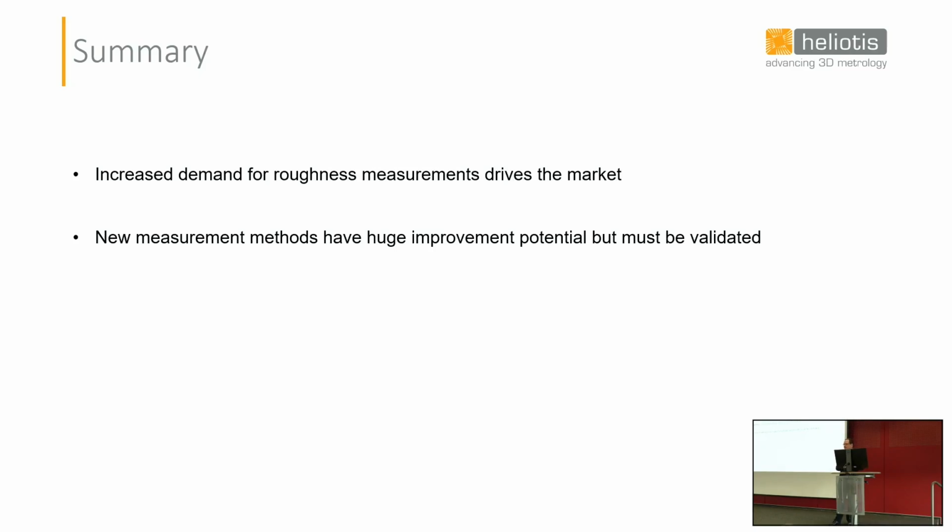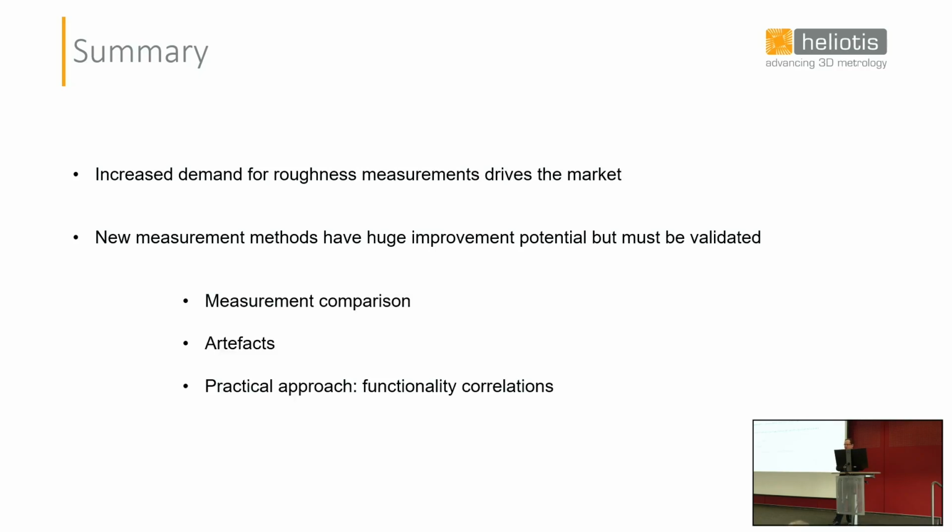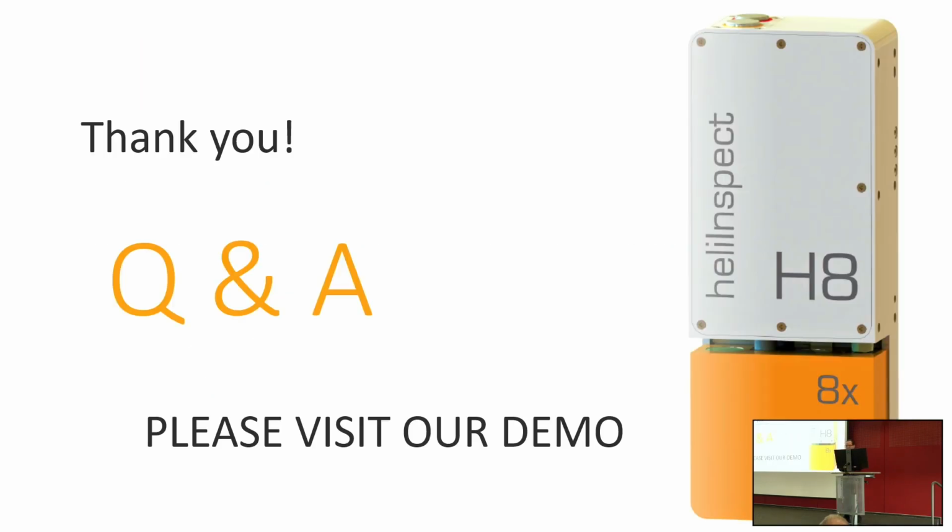The issue is obviously ensuring the traceability backwards and the confidence of the customer that they can actually use this. And we have seen a couple of methods for solving this issue: instrument-to-instrument comparison, artifacts, or, as a matter of fact, the pragmatic way, which in most cases actually turns out the best.